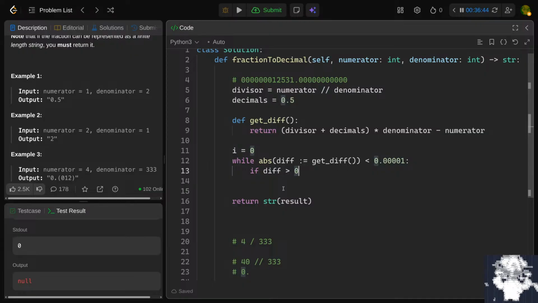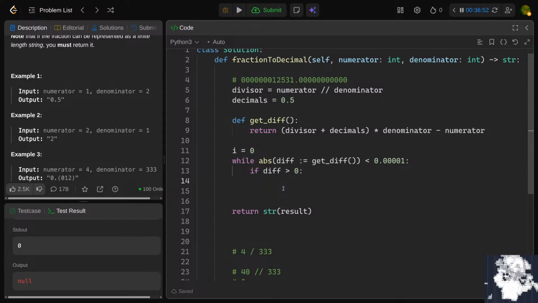If diff is greater than 0, then decimals, the first time we move, we want to move by 0.25 because the range is between 0 and 1, and we want to binary search in there.